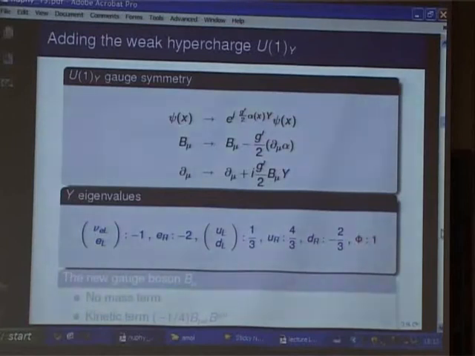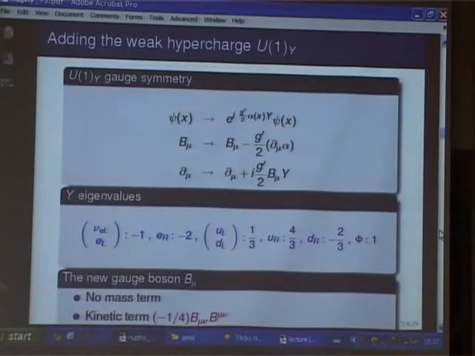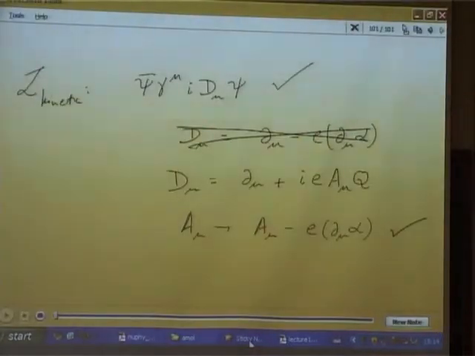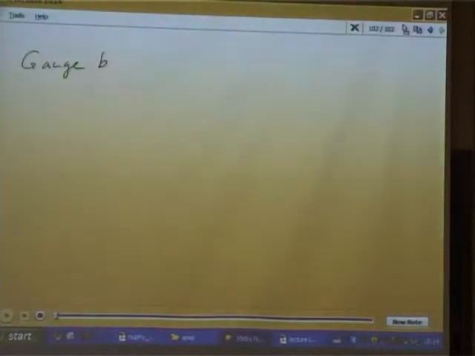Now there are two more important things that happen when you put this gauge. Firstly, this gauge boson cannot have a mass. And the reason is the following. What is the mass term? Mass is the term that appears in the Klein-Gordon equation. This is how particles are seen.